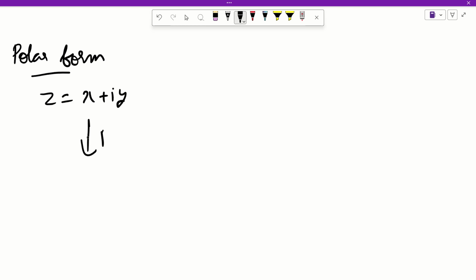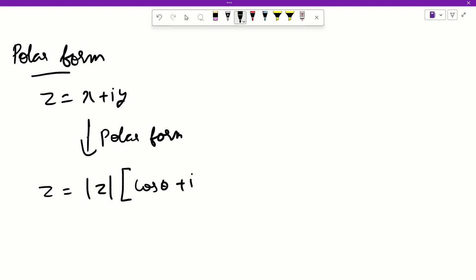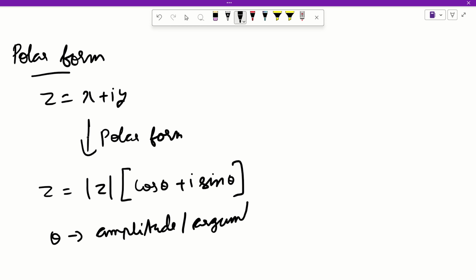The polar form is given as z is equal to mod z, which is the modulus, into cos theta plus i sin theta. This theta is called the amplitude or argument, as I mentioned before. It can be mentioned as amplitude of z or argument of z.